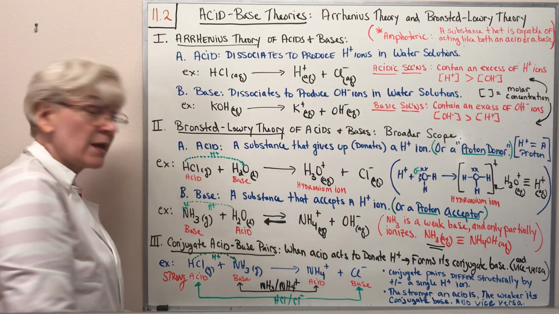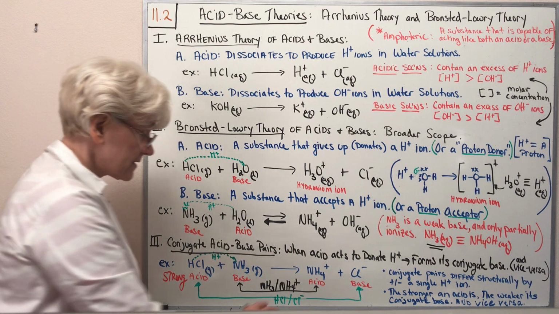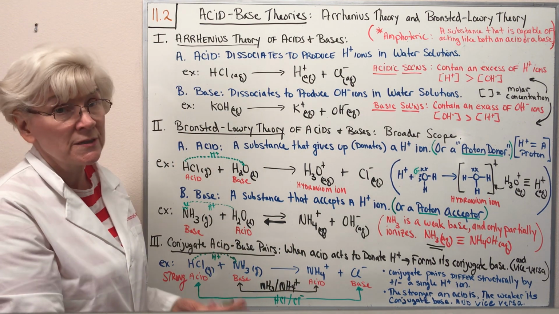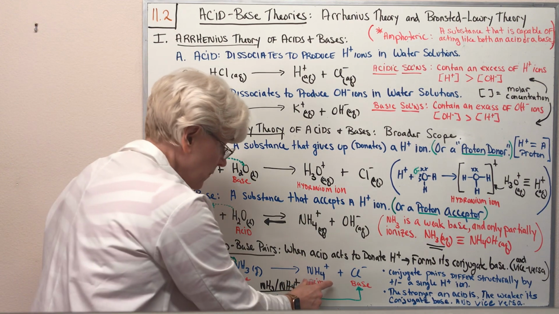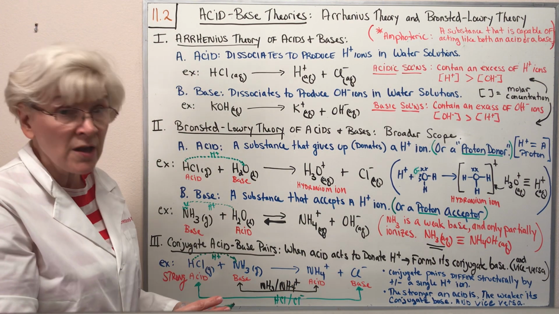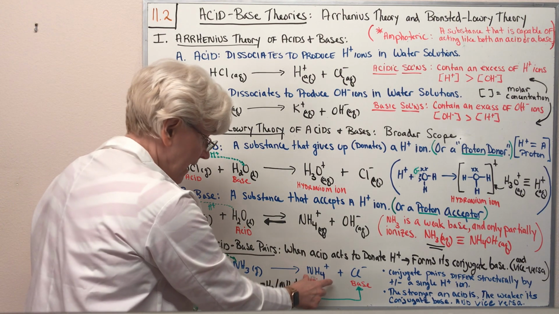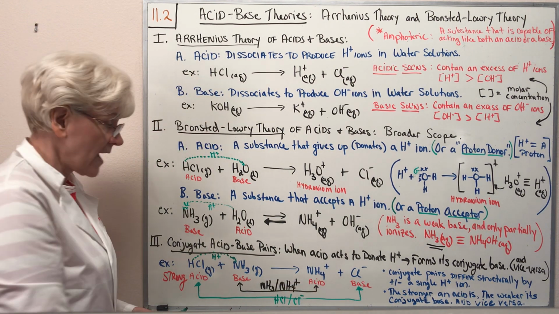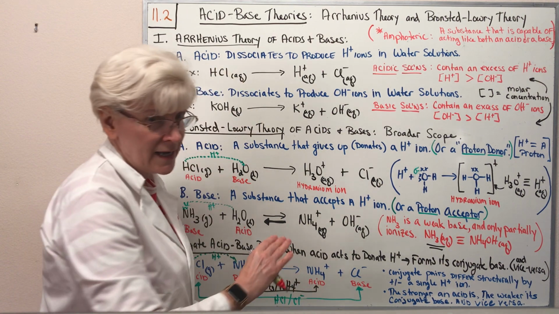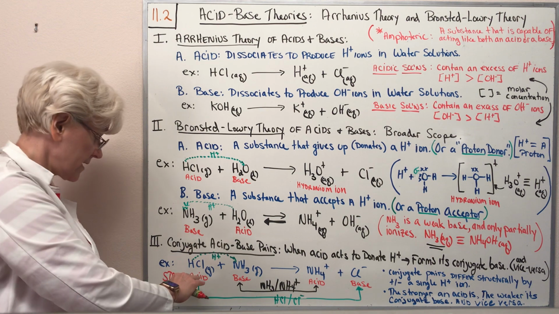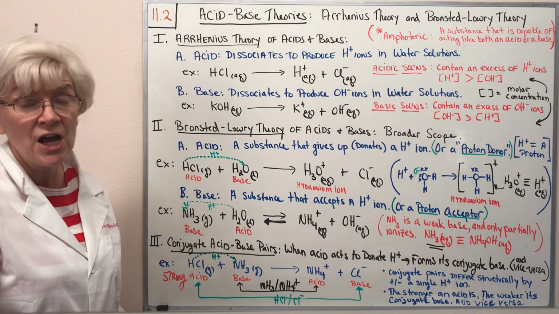Ammonia is a weak base, which means that the ammonium ion has some appreciable ability to act like an acid. We wouldn't call it a strong acid, but it has some measurable ability to act like an acid. Whereas the chloride ion is a terrible base, because its conjugate acid, HCl, is such a strong acid.